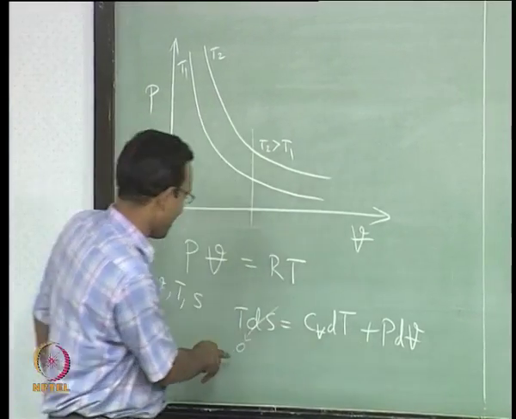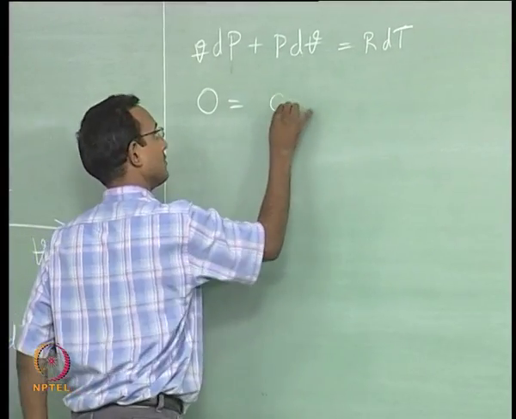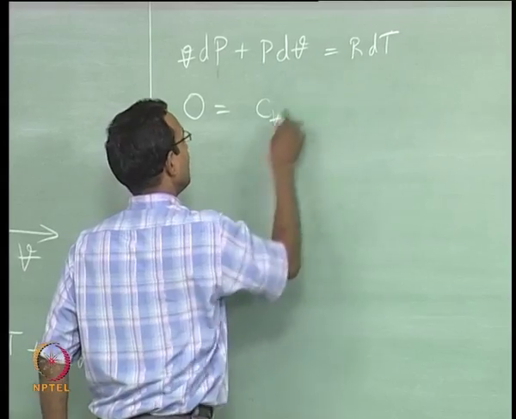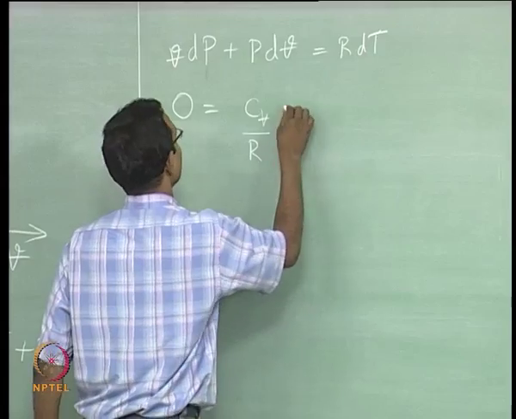So, I will go back and write, I will put this side as 0, dT, I will put this R below that. So, I will just get dT.